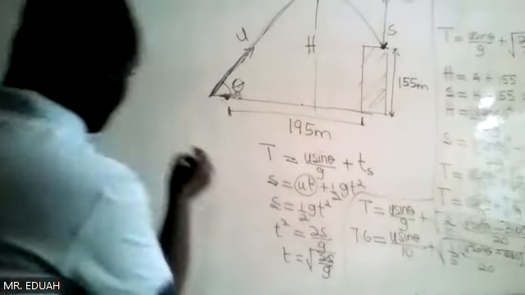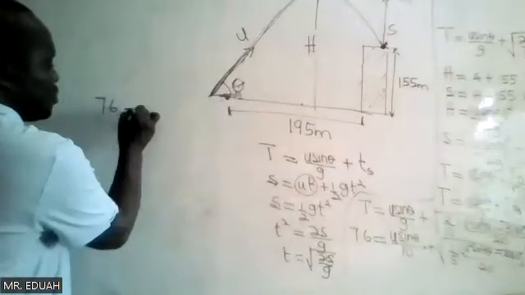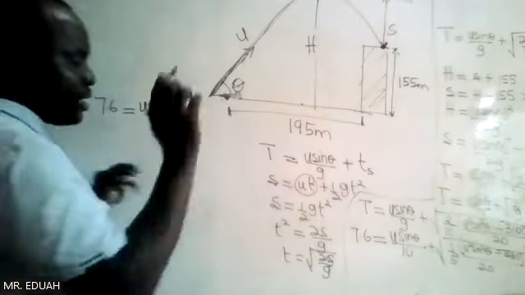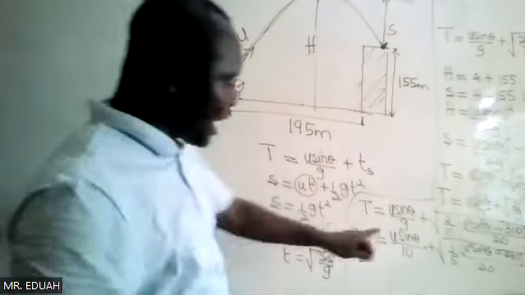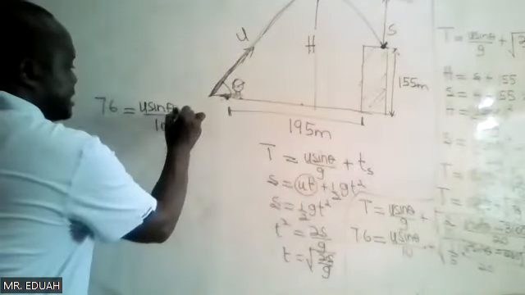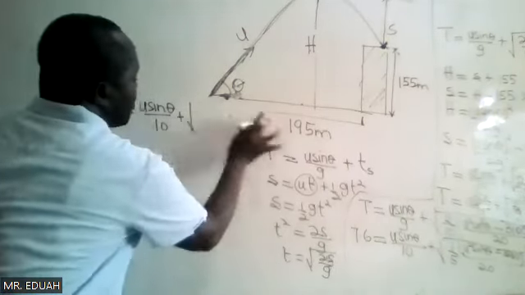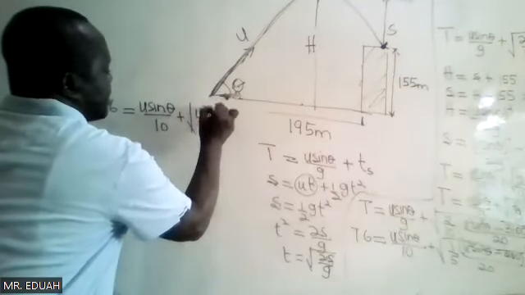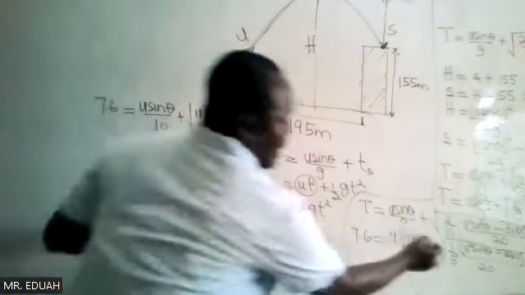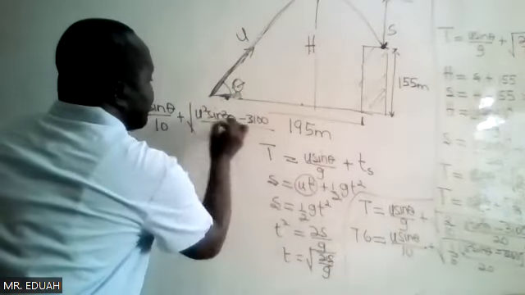So 7.6 is equal to u sine theta on 10. Now look at what we have. Multiply numerator by numerator, then denominator by denominator. So plus the root of u squared sine squared theta minus 3,100 all divided by 100.